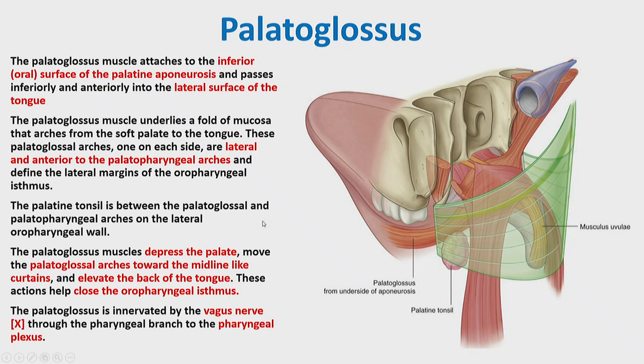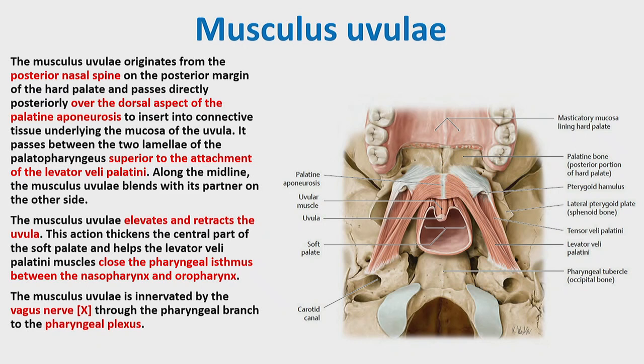The function, you compare it with the palatopharyngeus. Palatopharyngeus was depressing the palate and elevating the pharynx. Here, palatoglossus is depressing the palate, the same, but elevating the back of the tongue because it's a muscle of the tongue also. In this case, it's closing the oropharyngeal isthmus, innervation pharyngeal plexus, cranial nerves 10 and 11.